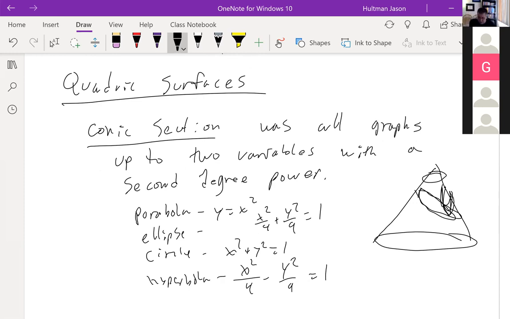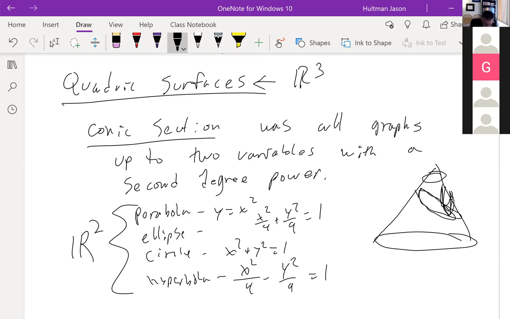We get these interesting second degree powers, but this is only in R2. Well, quadric surfaces are the exact same things, but in R3. They're the second degree polynomials, but up to 3 variables this time.